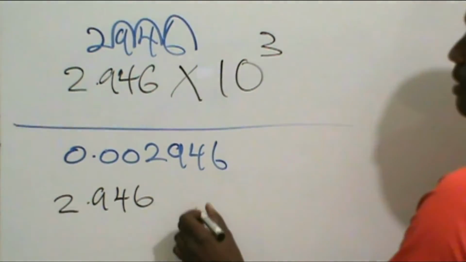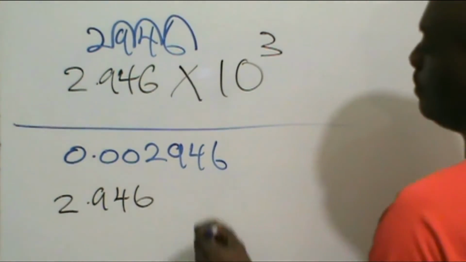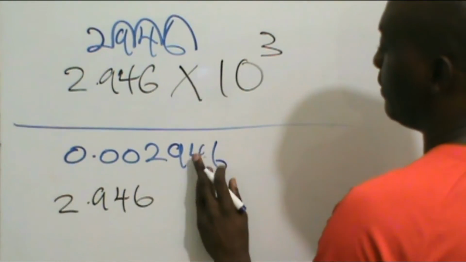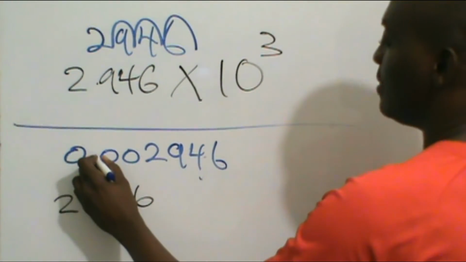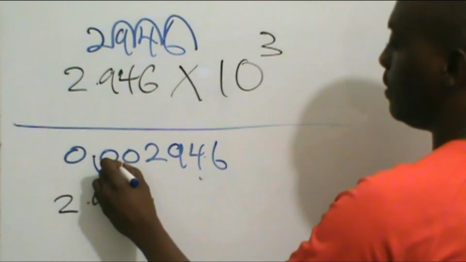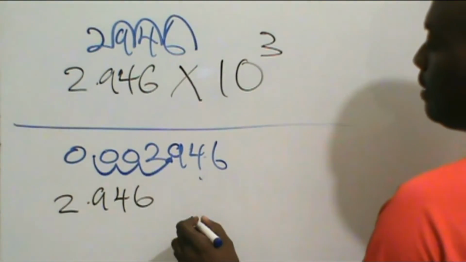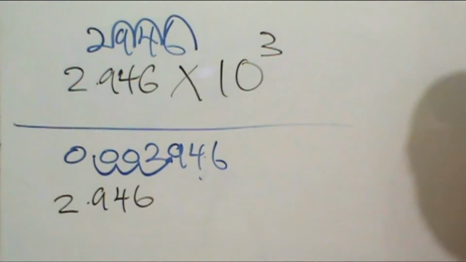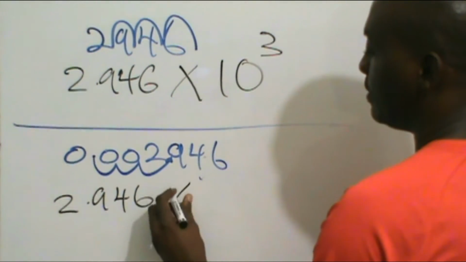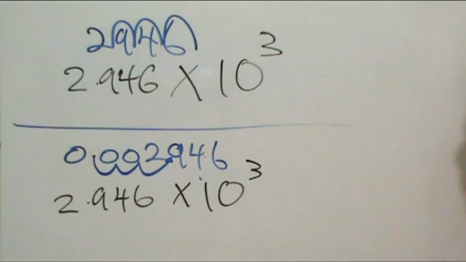Similarly here, in this one the point was here, so we move now 1, 2, 3 to get it here. So in this one we could also put 2.946 by 10, and we could put a 3 here.